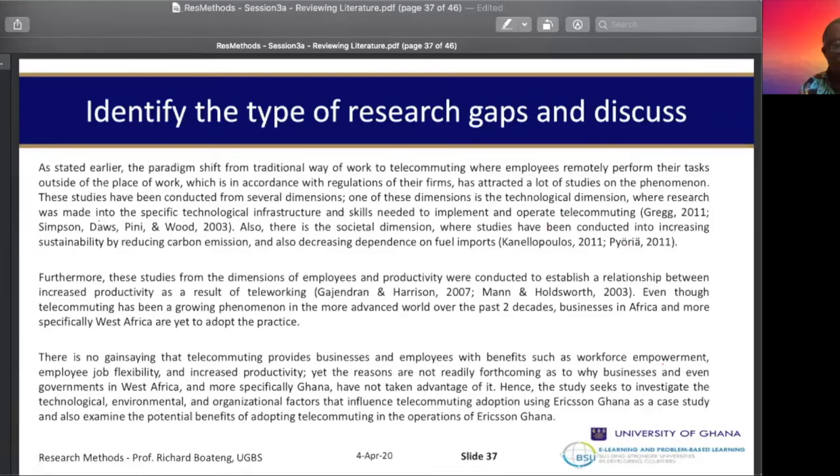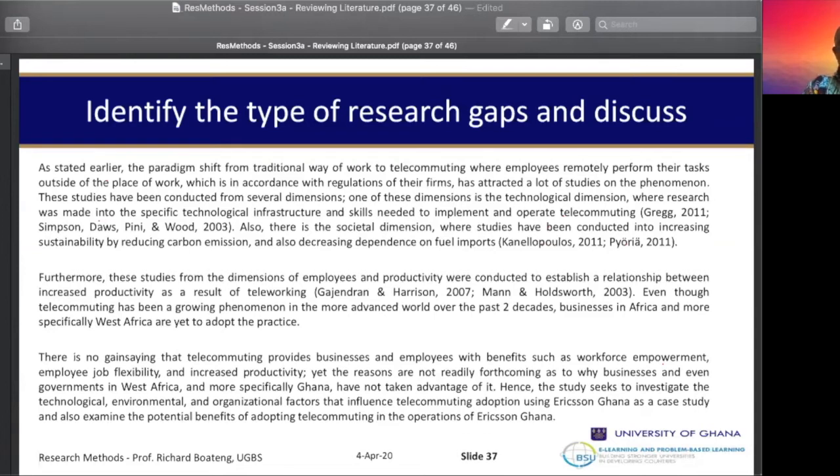Then it says, furthermore, these studies from the dimensions of employees and productivity were conducted to establish the relationship between increased productivity as a result of teleworking. Okay. Now it's pointed out that there are three dimensions. One is the technological dimension, another is the societal or environmental dimension, another is the organizational dimension, where it looks into employee productivity. Okay, so let's pause a little bit.